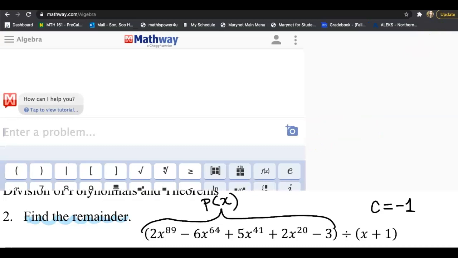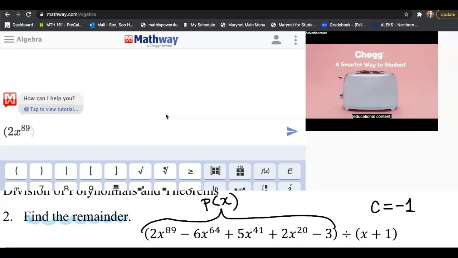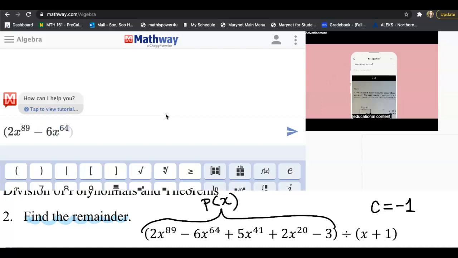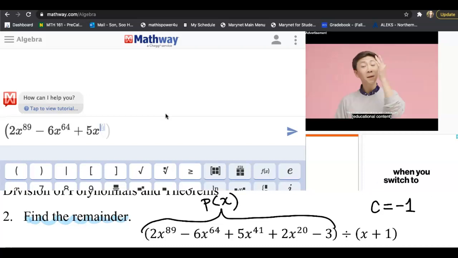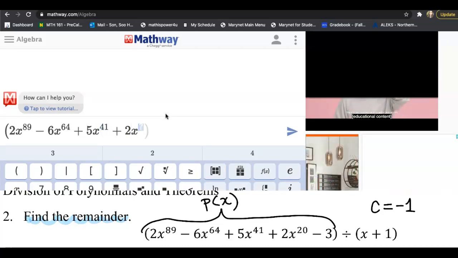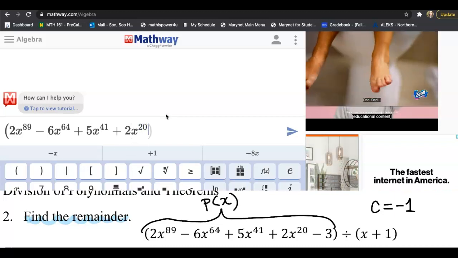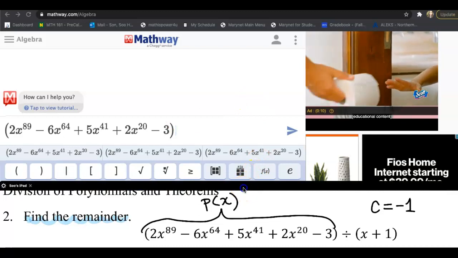You should be trying to do this yourself, but I just want to see if a computer can find the remainder for me, because I want to know: is my answer correct? I don't mind if you use these calculators to check your answers on your homework, as long as you really know how to do the problems yourself.